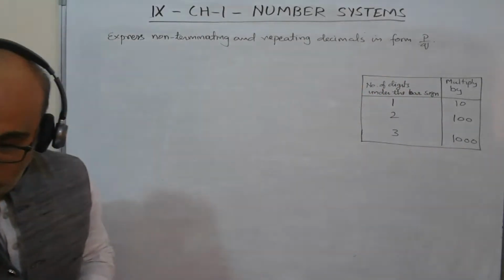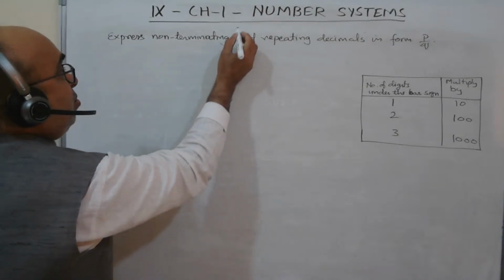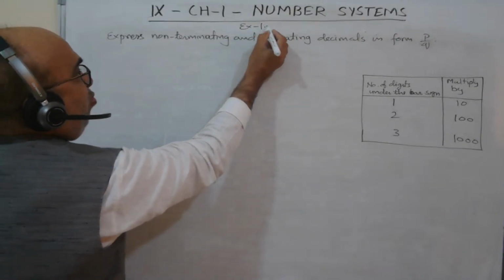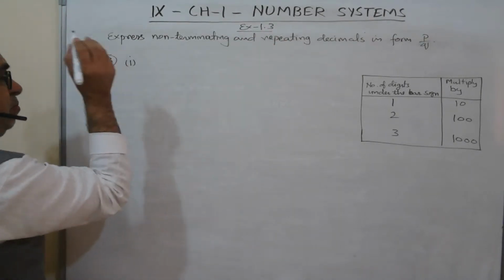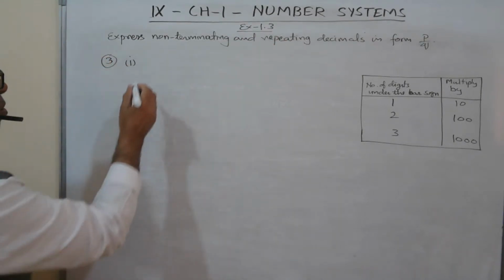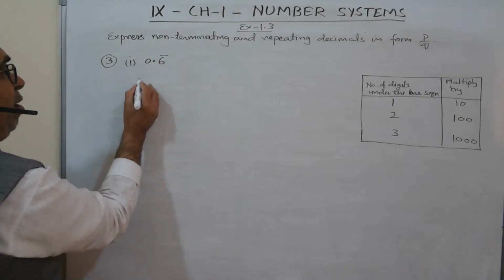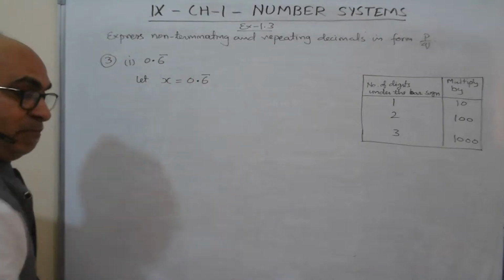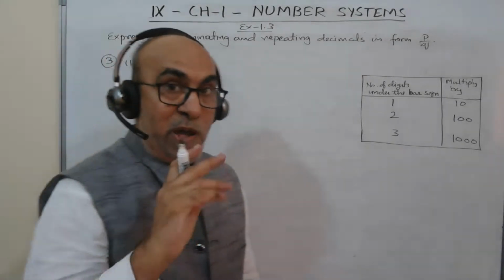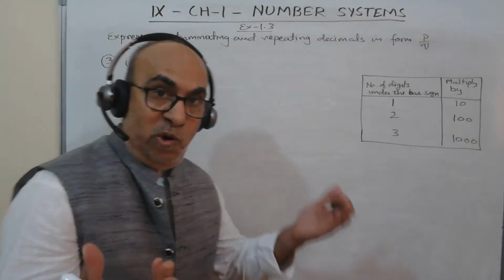I'm taking one question. That is question number 3, exercise 1.3, first part. The number is 0.6 bar. I will let x equal 0.6 bar. Now I'm going to tell you the steps you have to follow in every question of the same type.